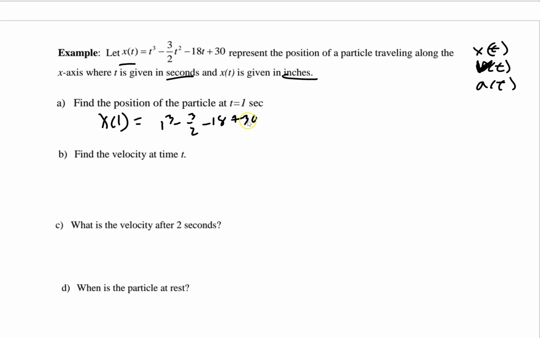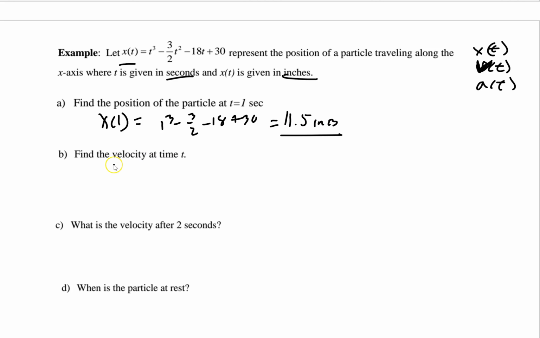That kind of sucks. 12 plus 1, 13. 13 minus 3/2, so 11.5 is what I get. About 11.5 inches. So the position at 1 second is about 11.5 inches to the right of the origin. Wherever you started, you're now 11.5 inches away.